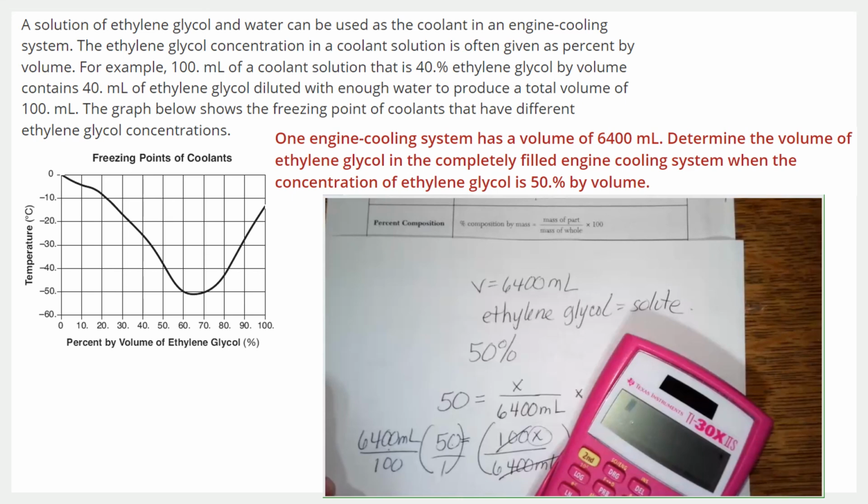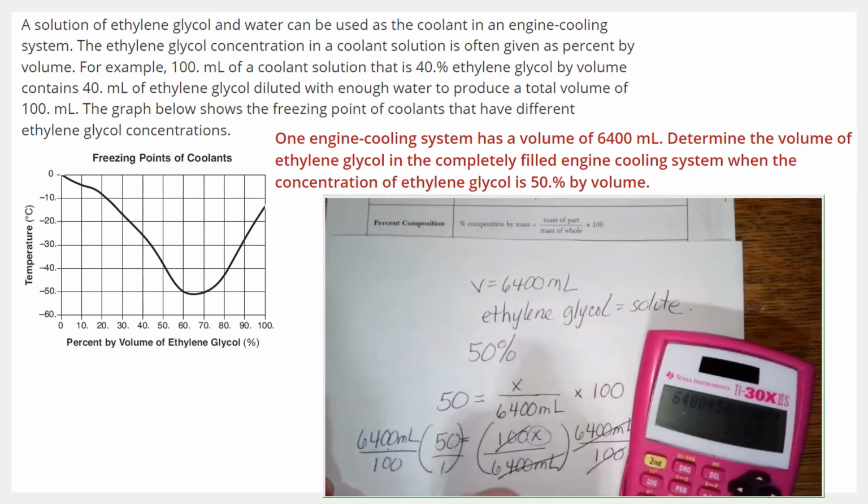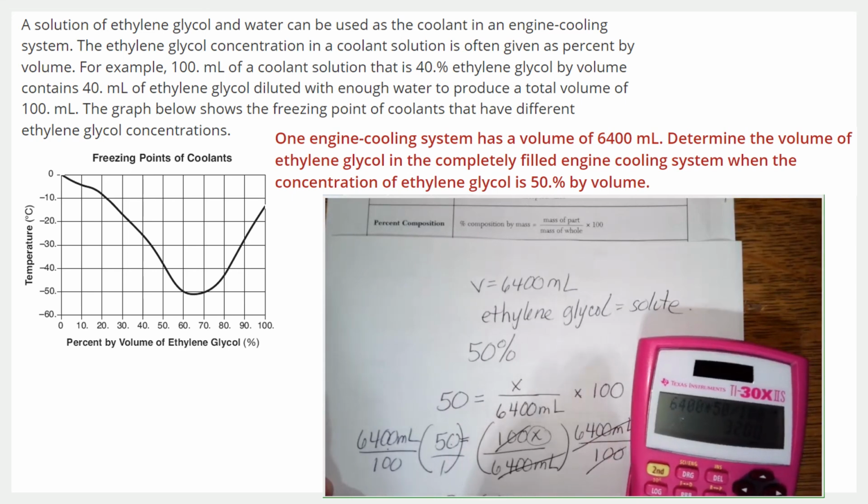So let's do that. 6,400 times 50 divided by 100 equals 3,200 milliliters.